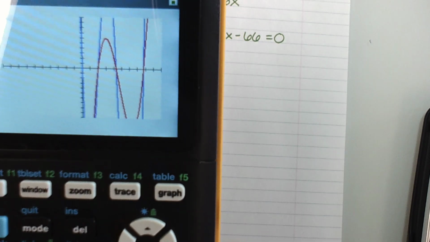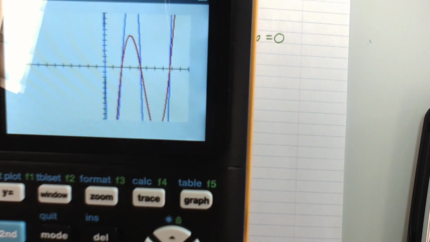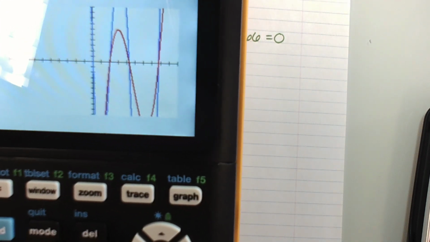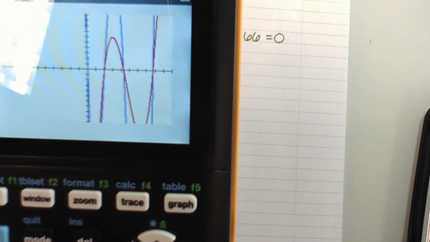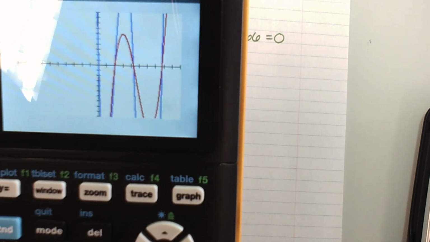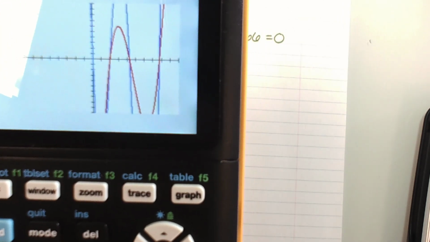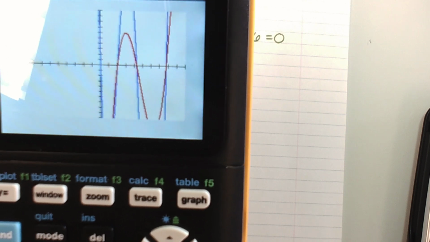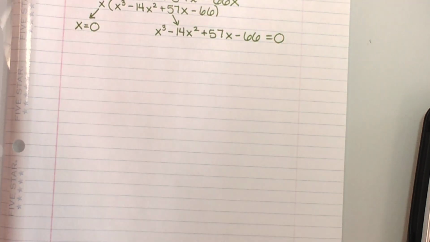Red graph and the blue graph, clearly not the same. But are they hitting this x-axis at the same points with the exception of the 0? Yeah. So, that's the key thing. You could type either one of them in. Any roots that you see clearly on the two of them? X equals 2.